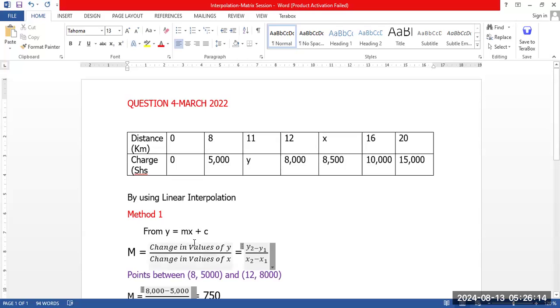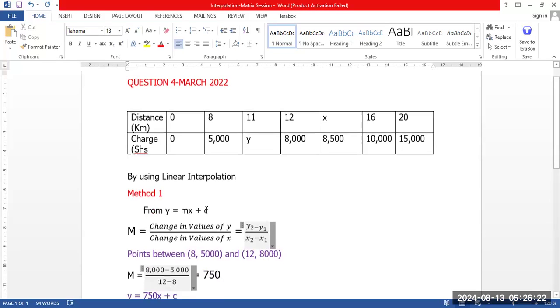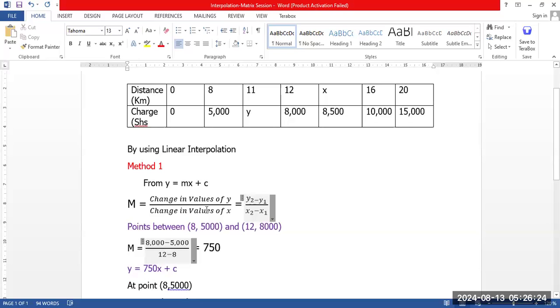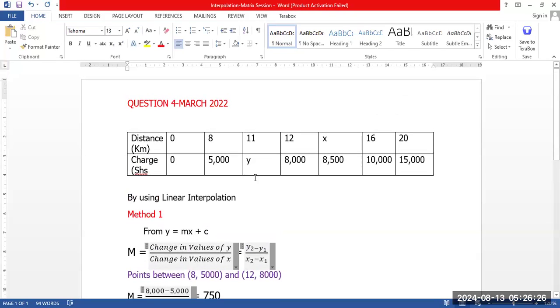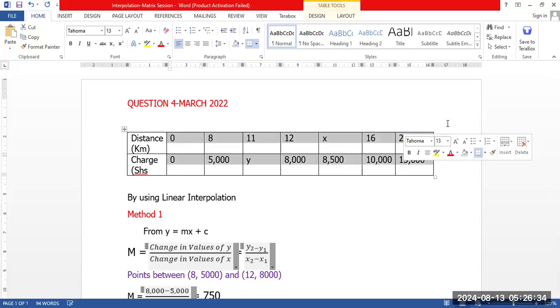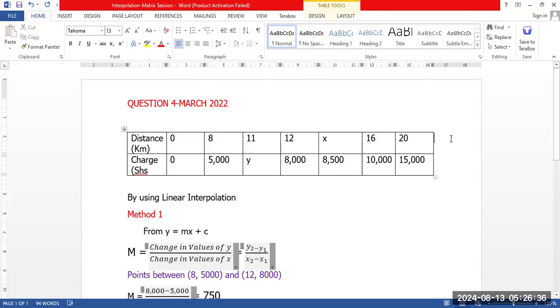Even if it is extrapolation, even if it is interpolation, the method will still remain the same. You just need the same concept. With extrapolation, the missing figure is not in the table. It is outside, let's say this side.